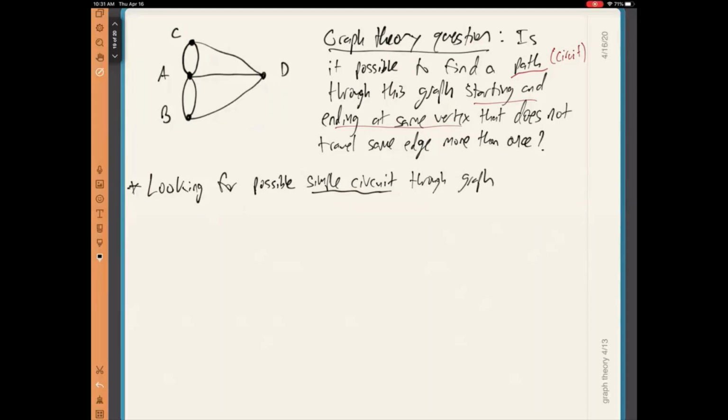Right, and so such a circuit has a particular name, and because of this problem, it's actually named after Euler. So an Euler circuit in a multigraph is a simple circuit that contains every single edge of the graph.